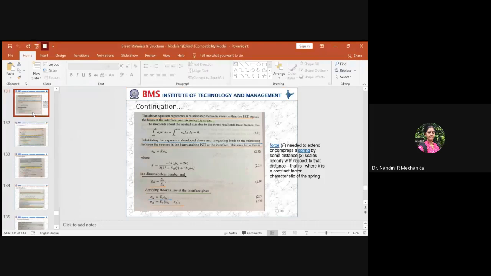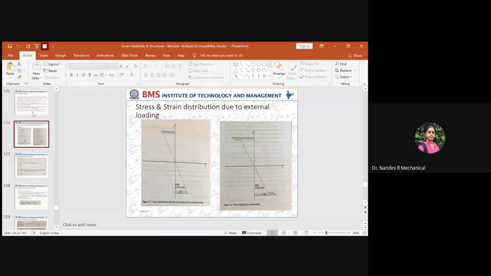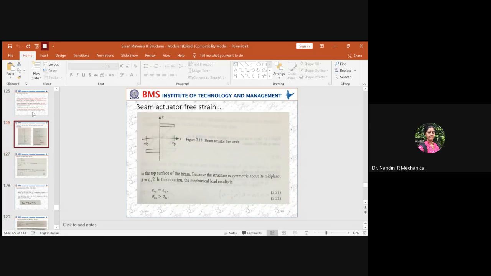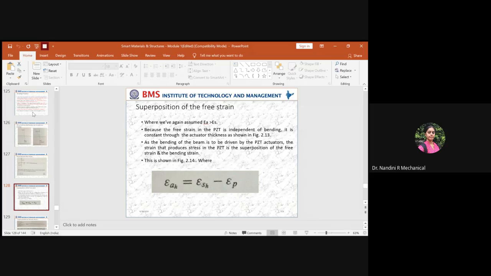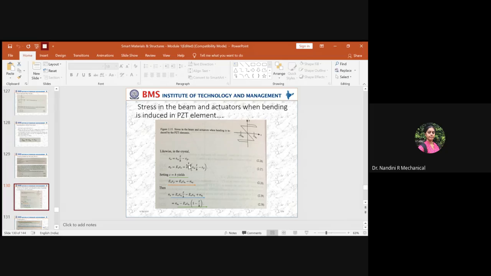I revised in the morning class what we have dealt with. We studied the strain and stress distribution, and focused on the free strain, what happens when the superposition of the free strain takes place, and then the evaluation of the stress and the strain across the structure as well as the actuator. So we had dealt with this until now.